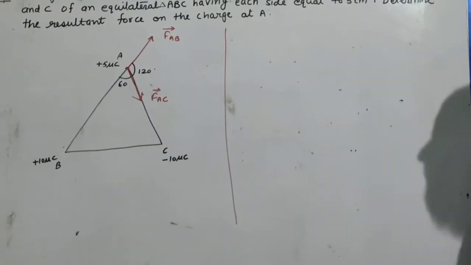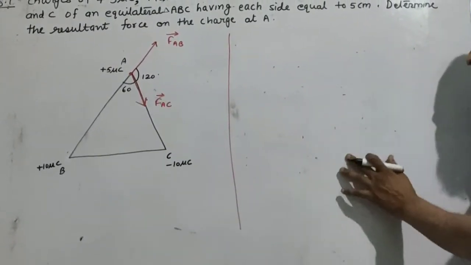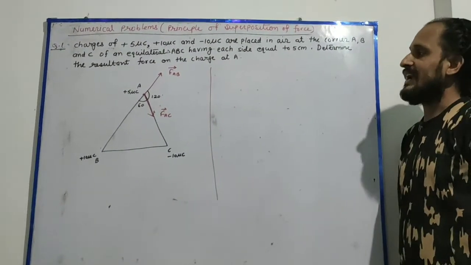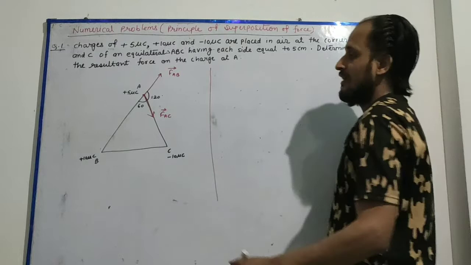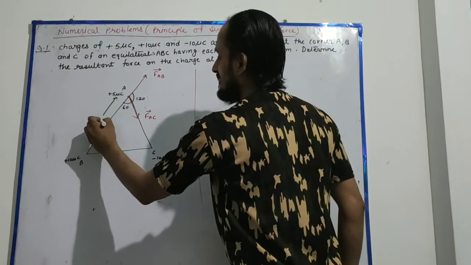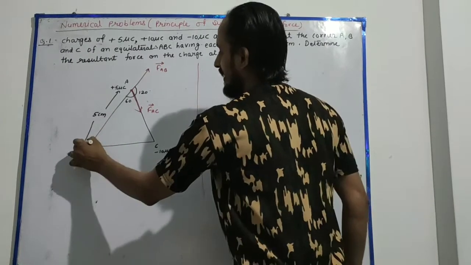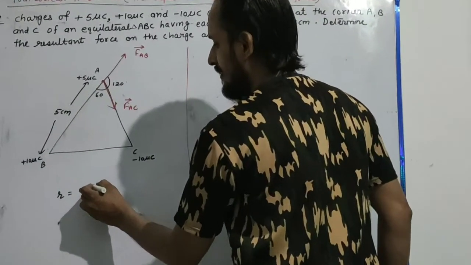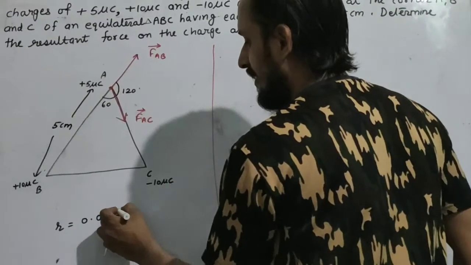Now, before finding the vector sum of these two forces, we have to find out the magnitude. Each side of the equilateral triangle is 5 centimeter, or we can say R is equal to 0.05 meter.